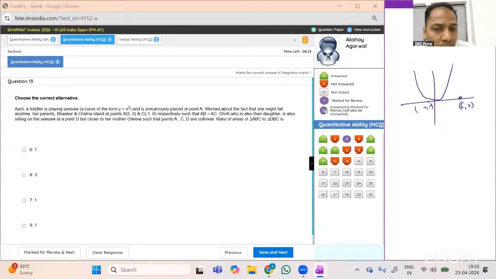This is also a similar seesaw to point D, but closer to a mother such that A, C, D are... where is A?